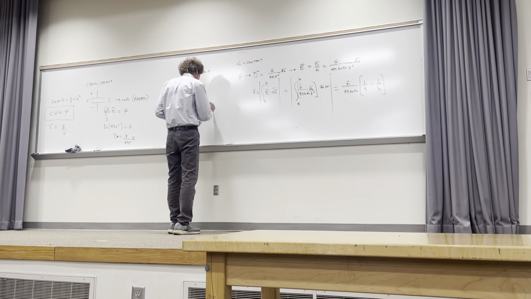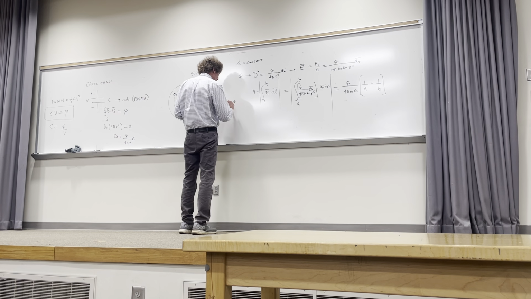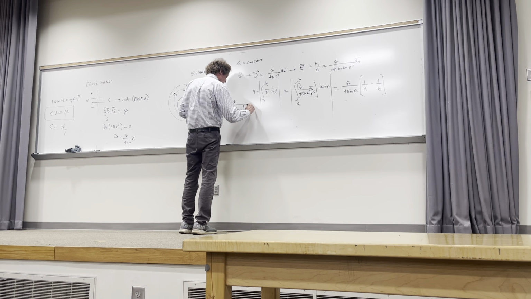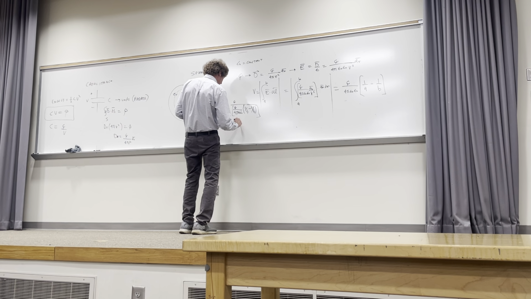When I see the capacitance is equal to Q over V, that's going to be Q over that Q, 4 pi epsilon relative epsilon naught, 1 over A minus 1 over B. And that means the Q's cancel, so I get 4 pi epsilon relative epsilon naught, and then it's over the quantity 1 over A minus 1 over B.